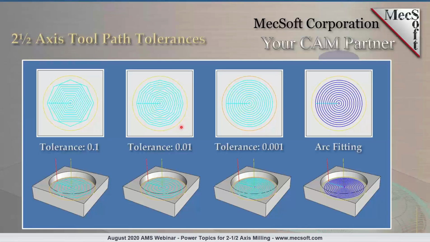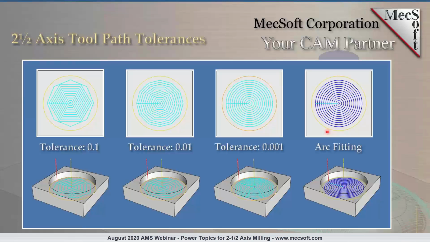Now these affect more when you're using toolpaths outputting as linear segments, when you're working with polylines or splines. When arcs are not being fit to your toolpaths, the tolerance has more effect, as you can see there, there's more deviation from your part geometry. Now, you can fit arcs to your toolpaths.